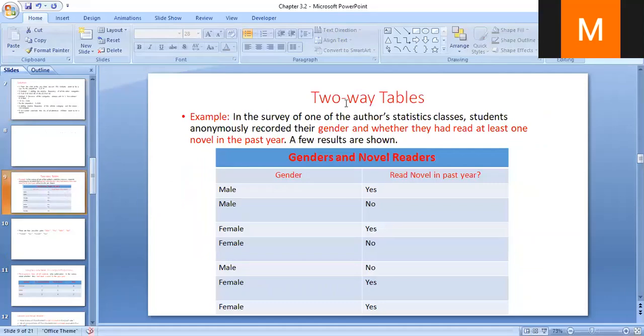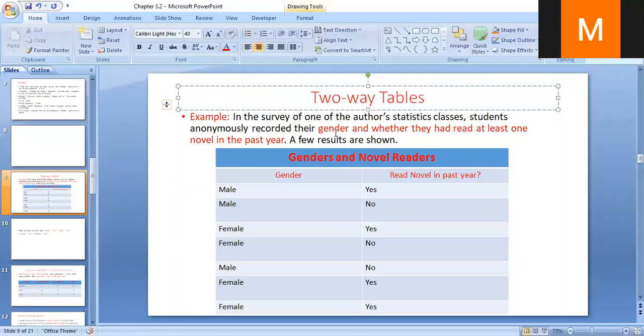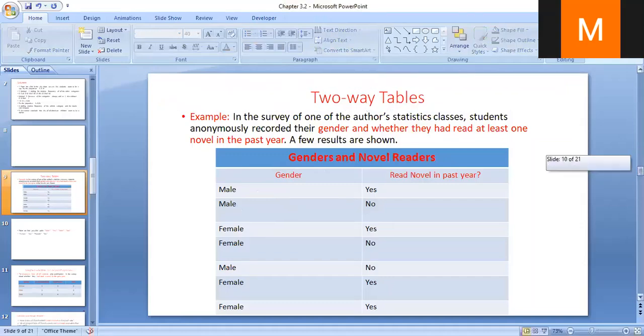Now you go to the two-way table. You need a two-way table. You look here, you have a survey of one of the author's statistics class students recording gender and whether they read a novel or not. You have two ways, that's if you have male and female, right? Male and female, you call it a two-way table.